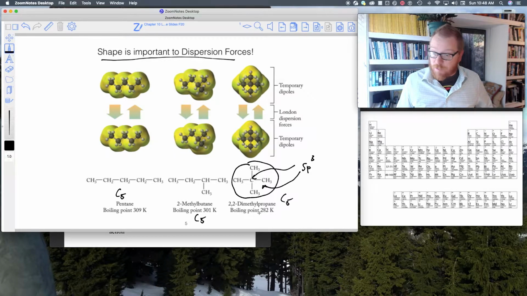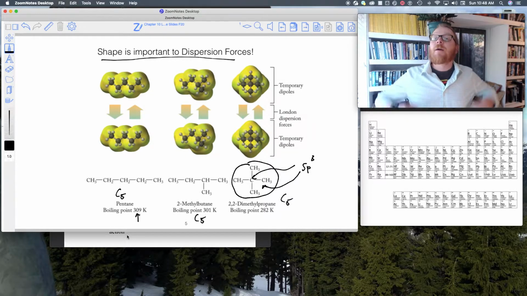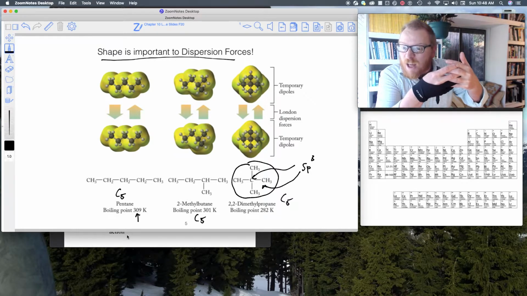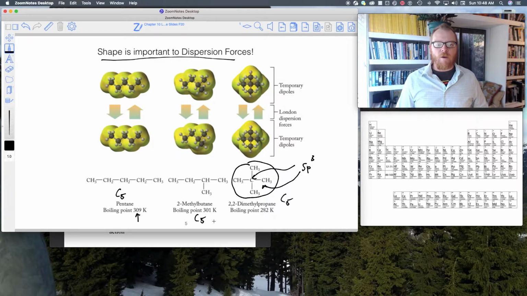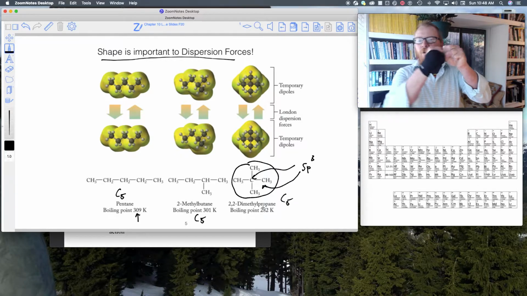And now look at their boiling points. So the straight linear molecule, what we would call normal pentane, boils at the highest temperature because of the way it can tangle up with itself. Okay? These other isomers of pentane, these other C5s, because they're like these balls, right?